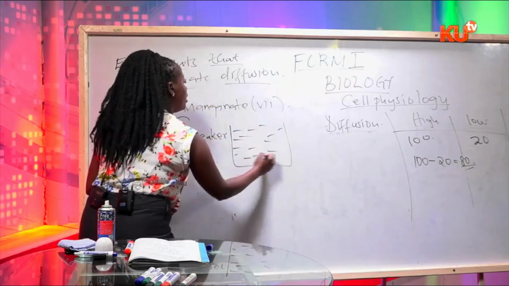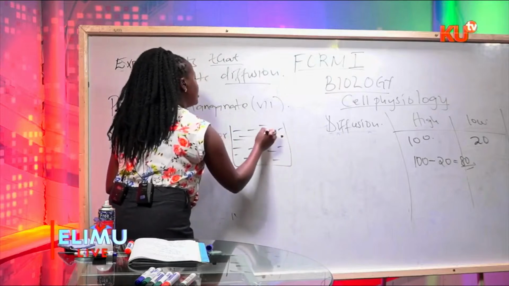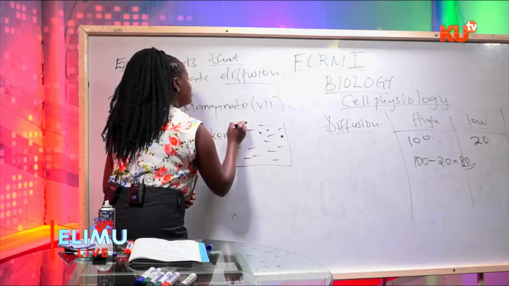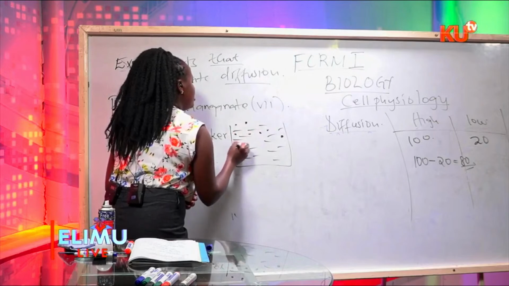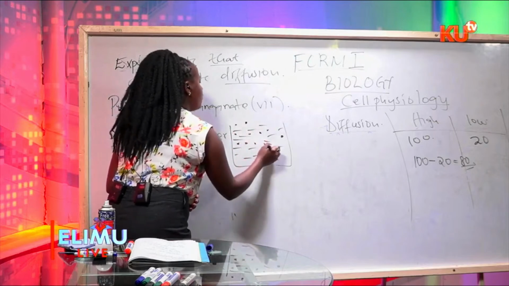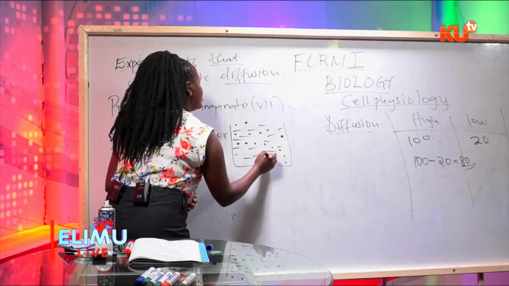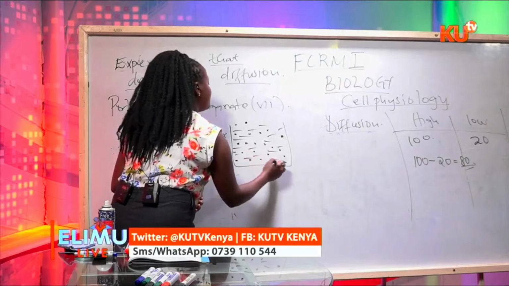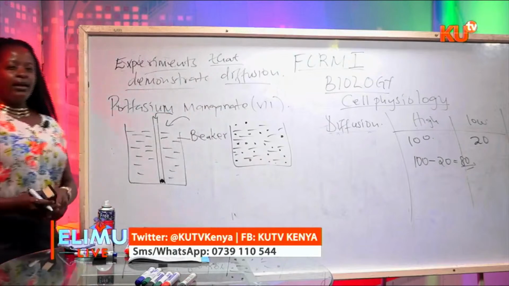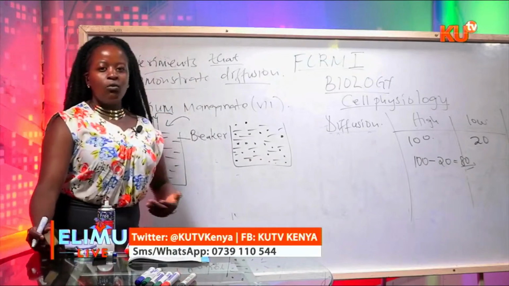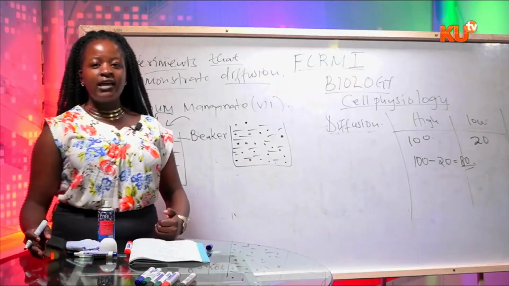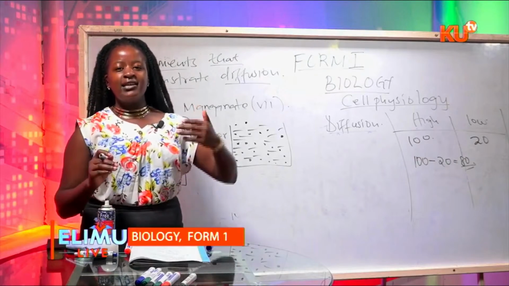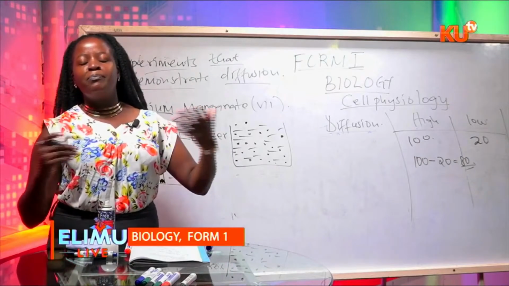Then the dots I'm going to draw, the circular dots, are the ones that are representing the particles of potassium manganate 7. They are going to spread evenly in the water. The observation, what is seen after this experiment, is that the water turned purple.